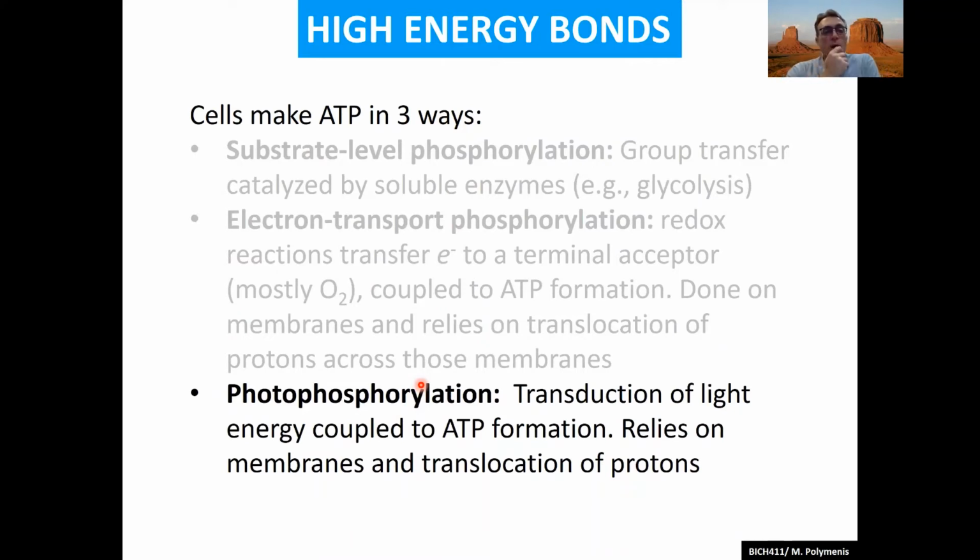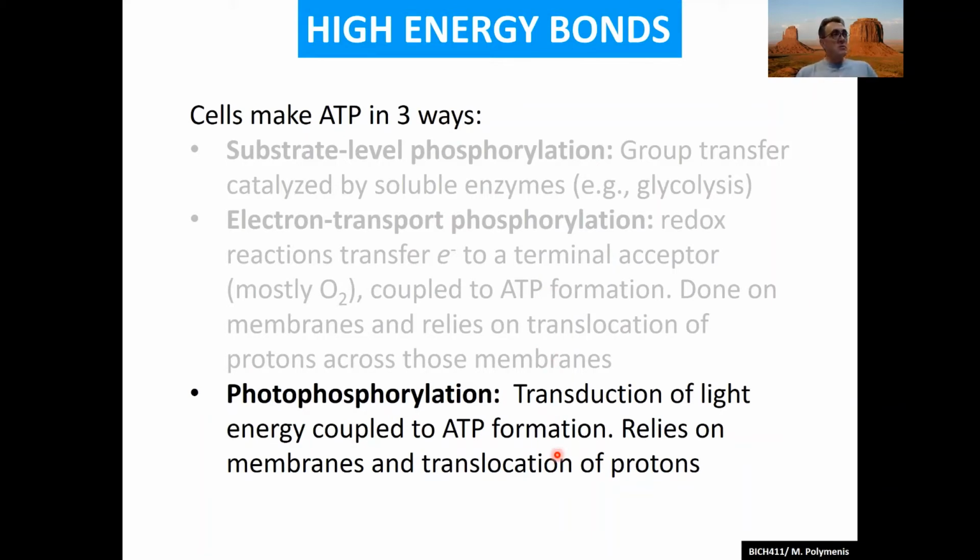The third way, however, not explicitly, there is another way to make ATP, and that's for the phototrophs, that's photophosphorylation. It's similar to electron transport phosphorylation in the sense that, again, electrons play a key role. How you get high energy electrons in this case is through light. You use light to raise the energy of these electrons. But again, the mechanisms are very similar to oxidative phosphorylation, because the movement of these electrons along an electron transport chain leads to the generation of ions across a membrane, protons also in this case.